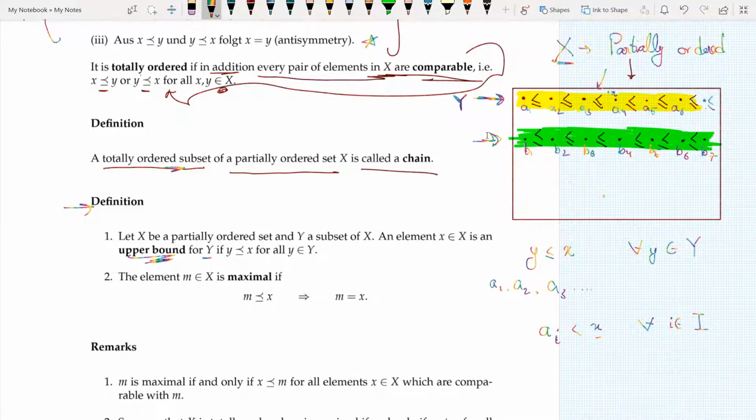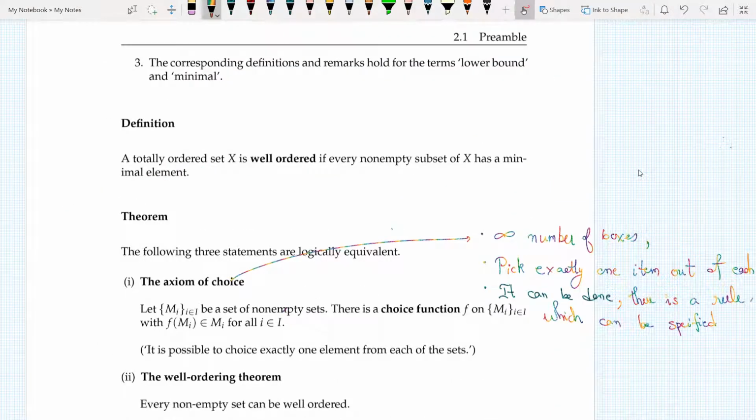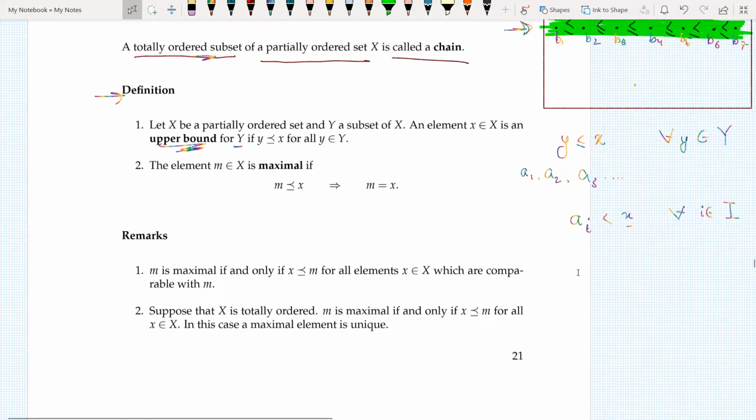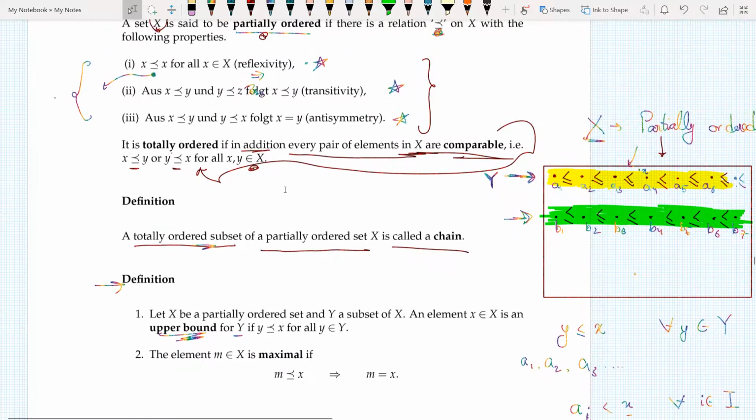So now we see the definition of well ordered. A totally ordered set is well ordered if every non-empty subset of X has a minimal element. Before we saw that a totally ordered set was a partially ordered set where every element can be compared with each other with the help of this relation.